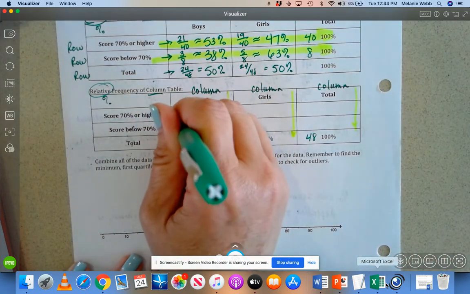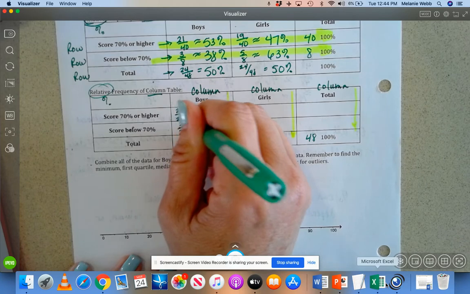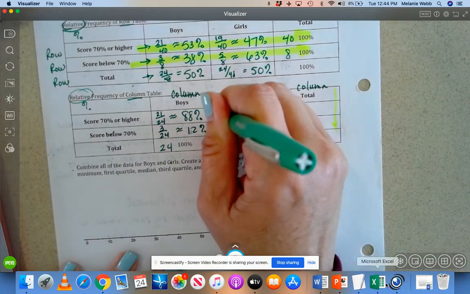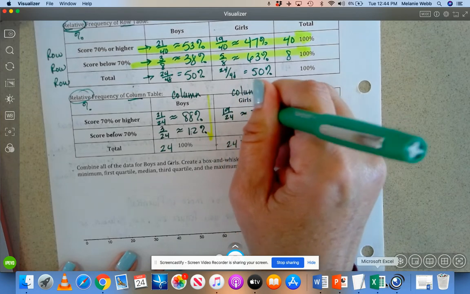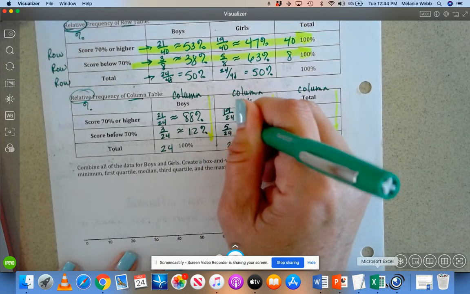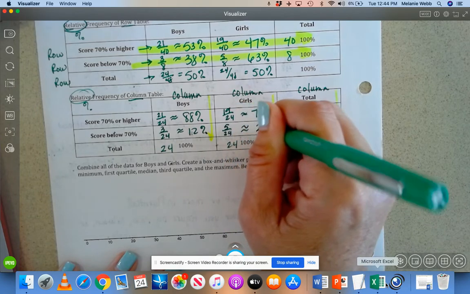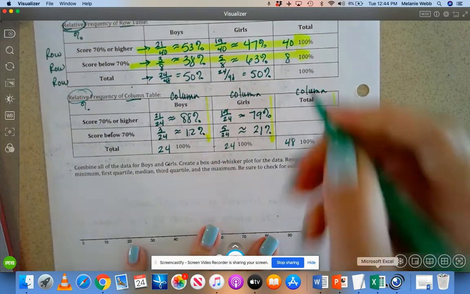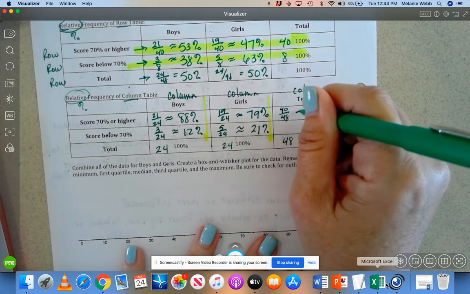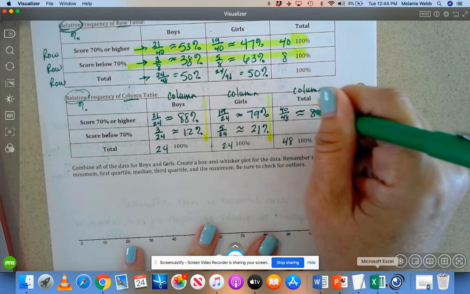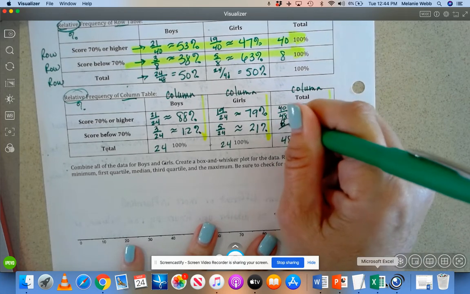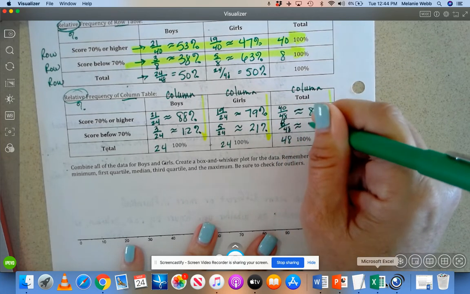3 out of 24 is about 12%. 19 out of 24 is about 79%. 5 out of 24 is about 21%. So here you have 40 out of 48, which is about 83%, and 8 out of 48, which is about 17%.